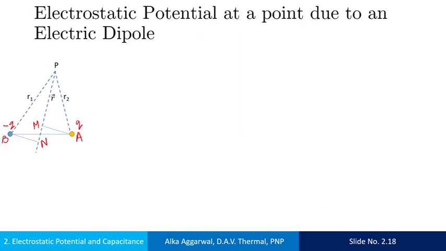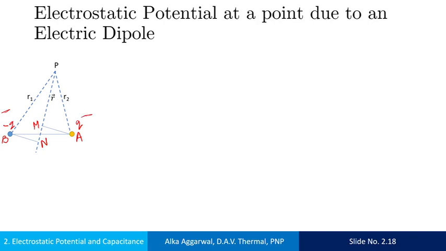Now the next case: suppose the point P lies anywhere and does not lie on the equatorial line or on the axial line, then how can we derive the expression of the potential at that point? So it is a dipole consisting of the charges minus q and plus q.